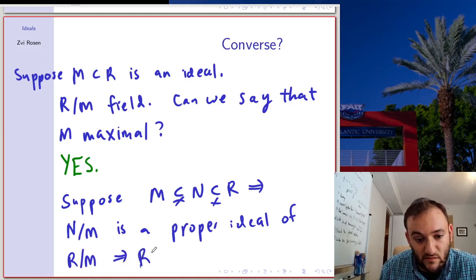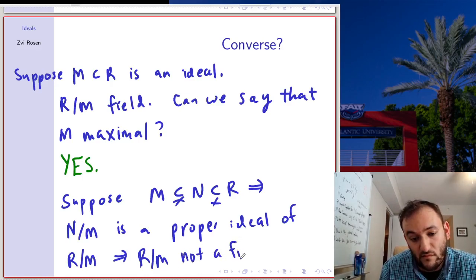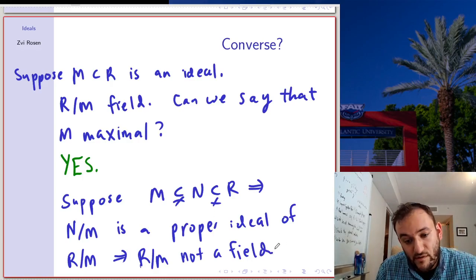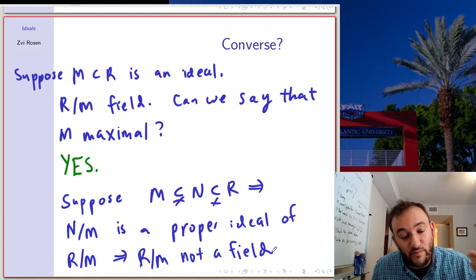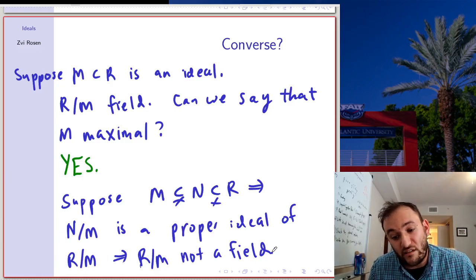So this must not be a field. Okay, this is an if and only if thing. The quotient by an ideal is a field if and only if the ideal is maximal.